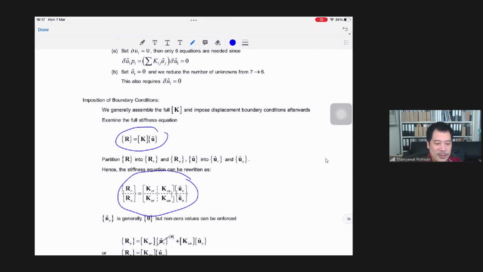So before you try to solve your system of equation, make sure that you impose proper boundary conditions onto your stiffness matrix or onto your system of equation.